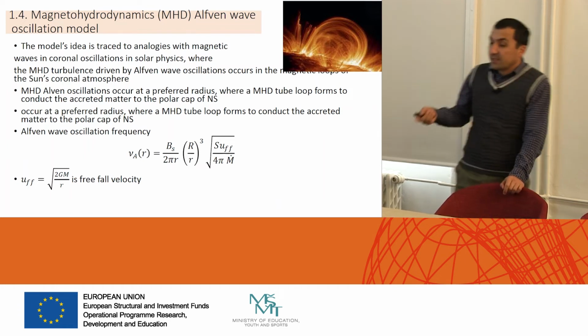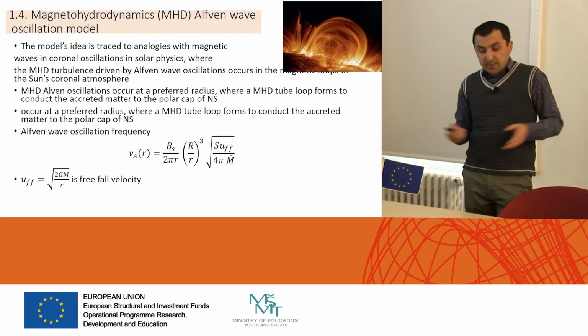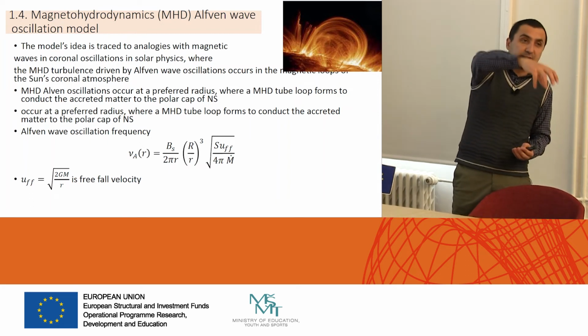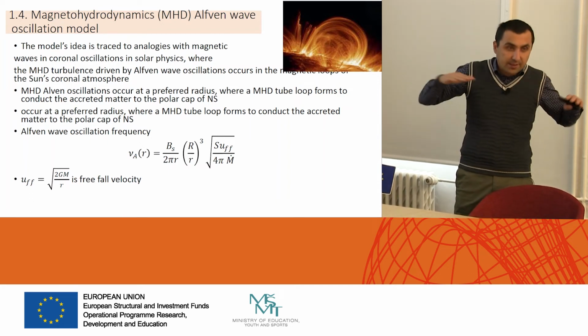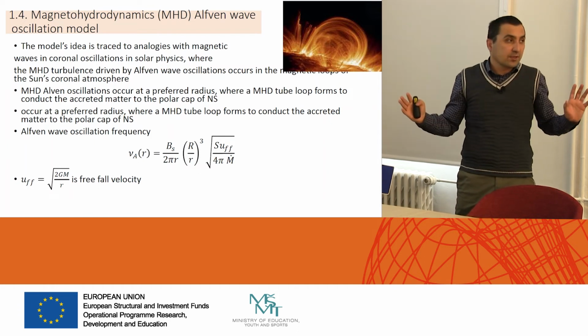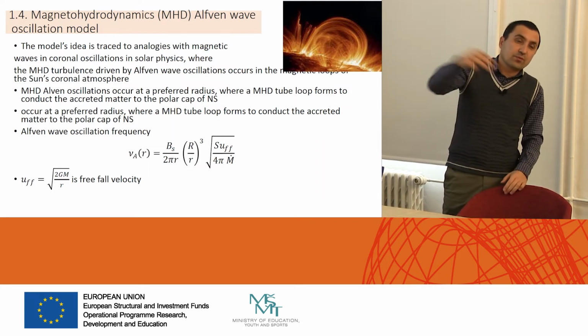Actually, according to this model, particles from the accretion disk flow into the polar cap of the star, not only directly at the equatorial plane of the star, but following the magnetic field lines, they fall into the polar cap.